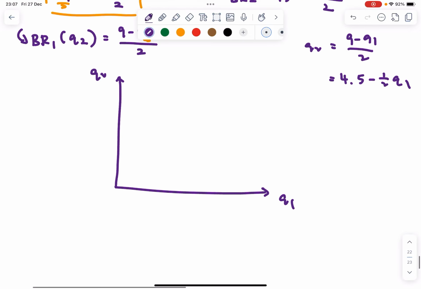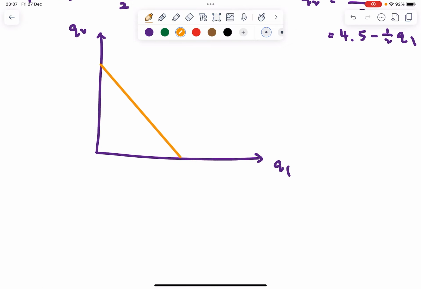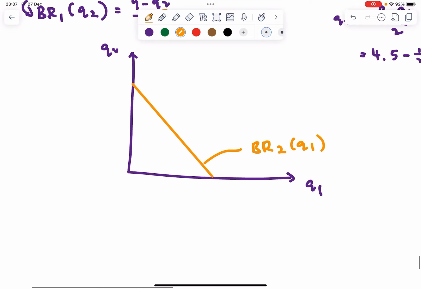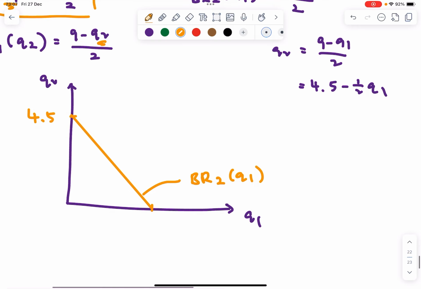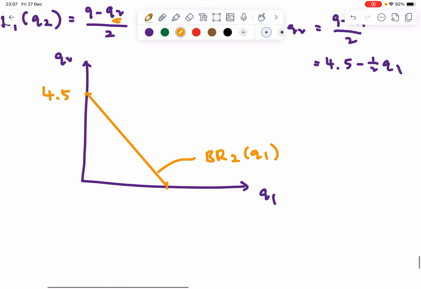So we just draw a line, intercept 4.5 with a gradient of negative half, and we label this curve the best response function of 2 given Q1. If we want to label it, this would be 4.5, and this would be 9: Q1 equals 0, Q2 equals 4.5; Q2 equals 0, Q1 equals 9, right?